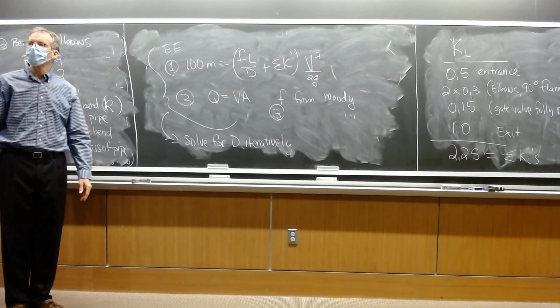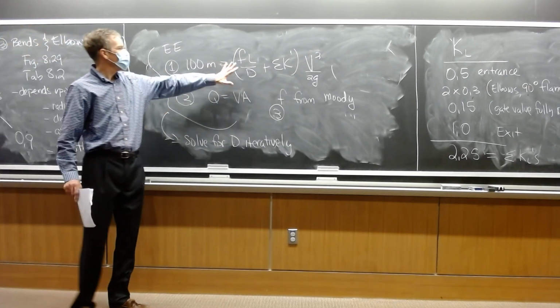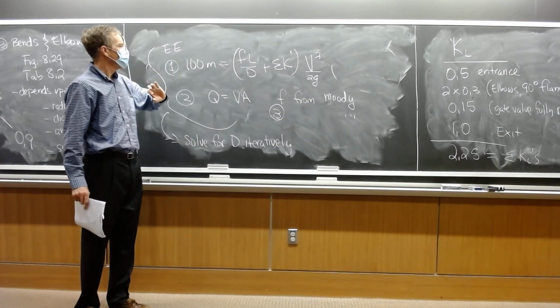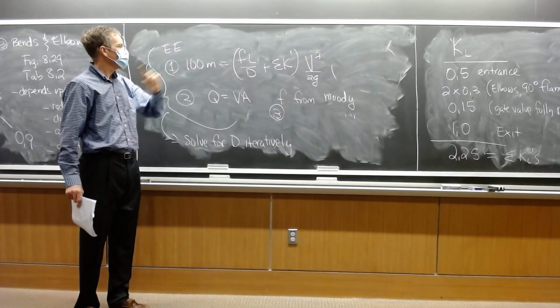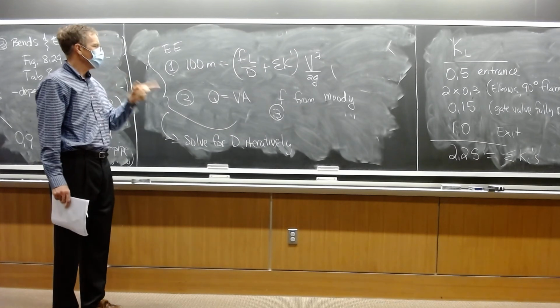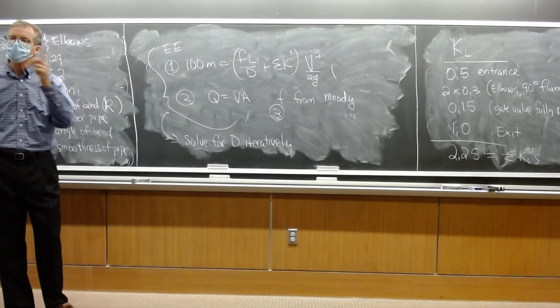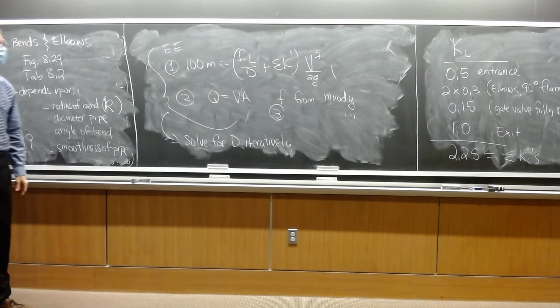Solve for the diameter. Use this to get your diameter, given the known flow, because your flow is given. And once you get a diameter, get a Reynolds number and a relative roughness, and update the friction factor. That's where we'll leave it.